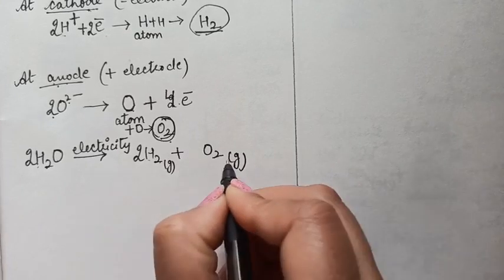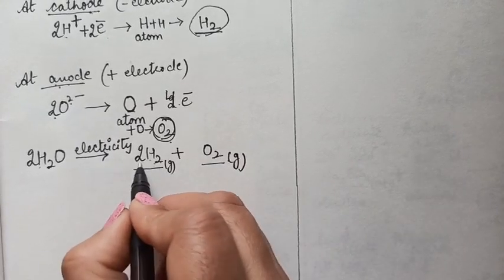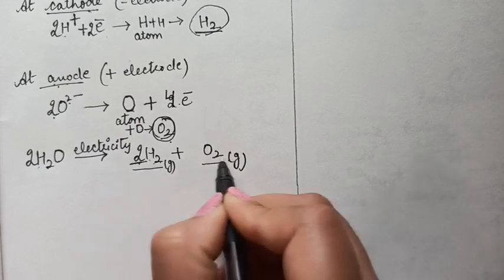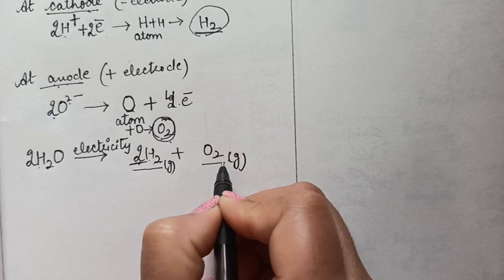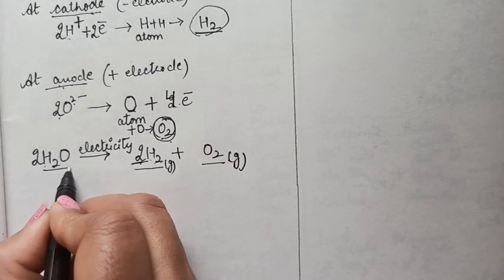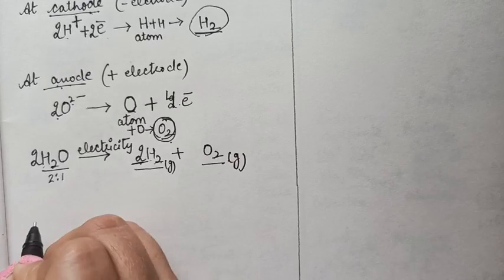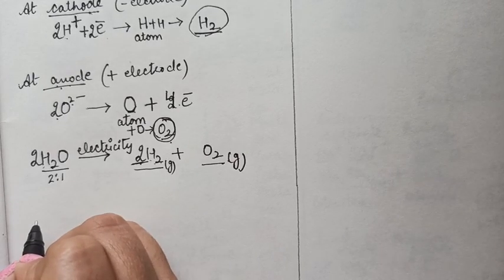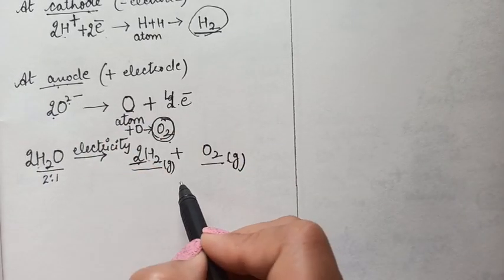From this balanced equation, we came to know the volume or amount of hydrogen produced is double that of oxygen. Okay, and in water also, the hydrogen and oxygen ratio in the water molecule is 2:1. So this is the electrolysis of water and electrolytic decomposition.